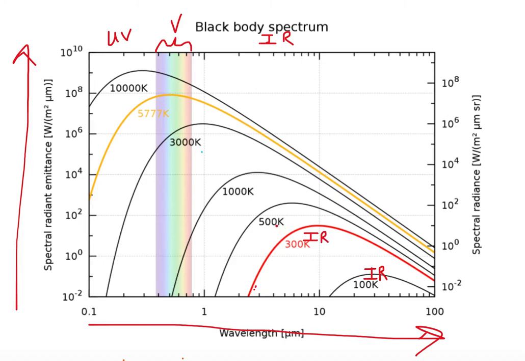Same thing with the 500 Kelvin object. It's only emitting in the infrared. It's only when we get to this 1,000 Kelvin temperature object that we see part of the curve crossing into the red portion, yellow, and then greens.